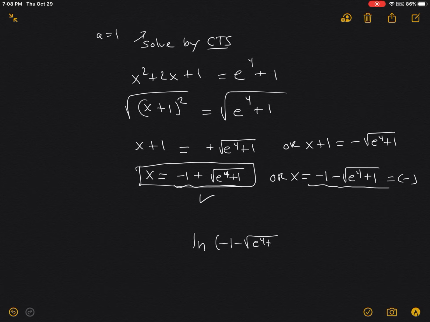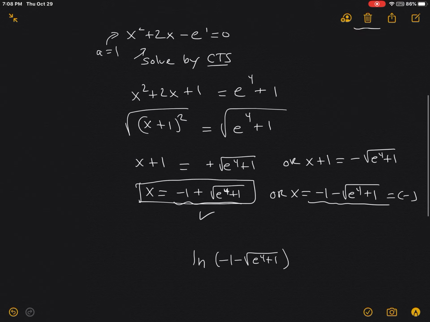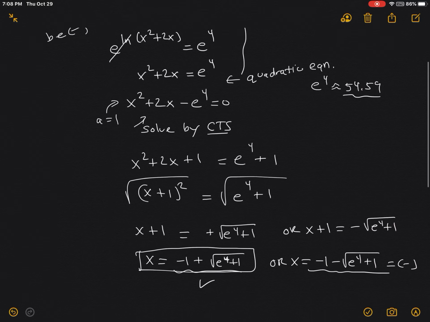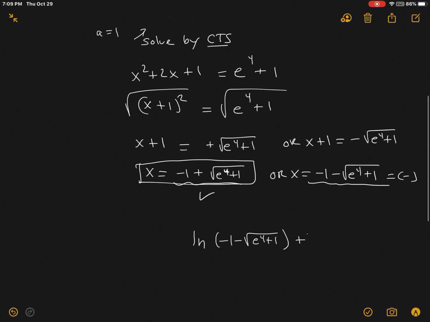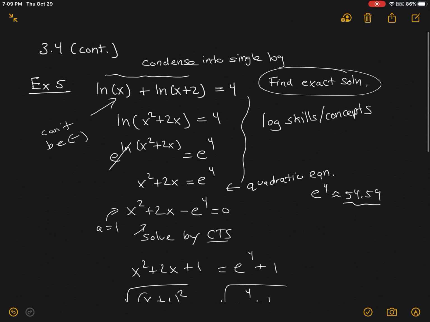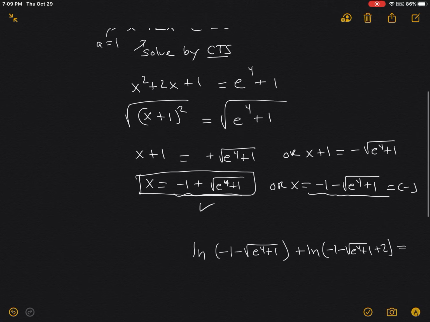If you plug in ln of negative 1 minus the square root of e to the 4 plus 1, plus ln of x plus 2, ln of this thing, what is it equal to? It's supposed to equal 4.